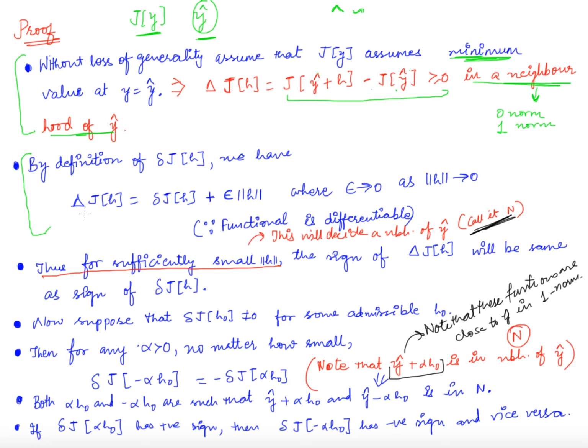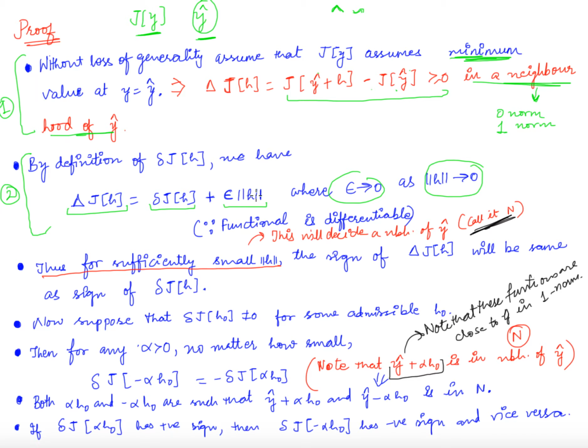We know that if J is a differentiable functional, then the change in the value of J is equal to the variation in J plus epsilon times norm of h, where epsilon goes to 0 as norm of h goes to 0. This is the definition of variation. So this is our first point, this is our second point.